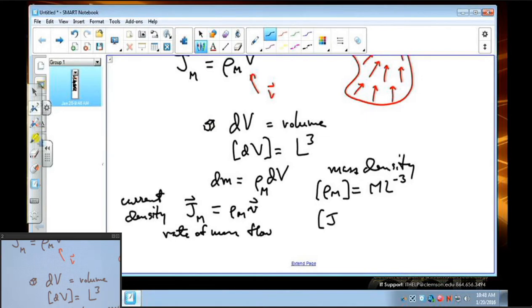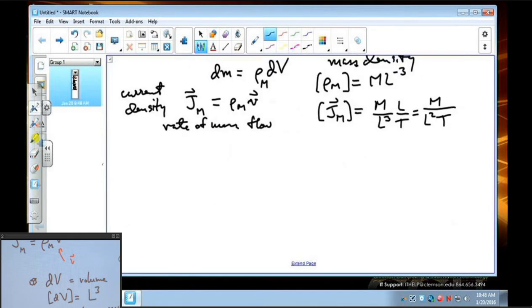So let's look at the dimensionality of this mass current density. It's a mass per length cubed, and what is the dimensionality of the velocity? Length per time. So it's a mass per area per time. How much flows across a given area in a given time? Little area, little time. So rate of mass per area per time.